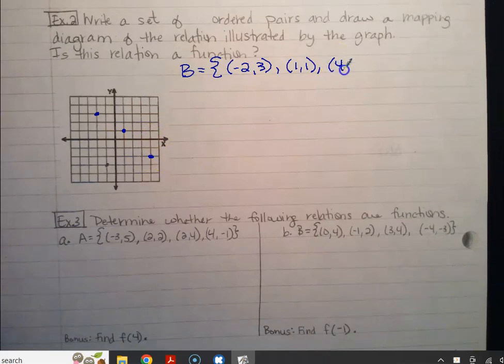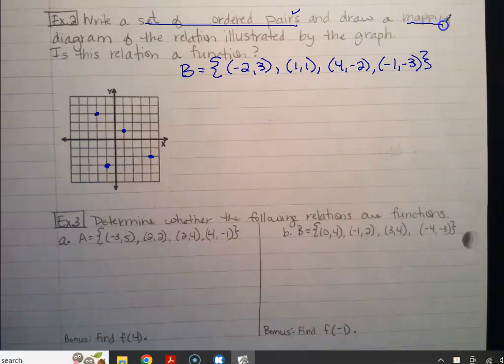Perfect. 4, -2. And Josie, what's this last point here? Oh, we want to go left and right first. -1, -3. Perfect. Okay, and I'm going to close my set notation. All right, so that was the set of ordered pairs.